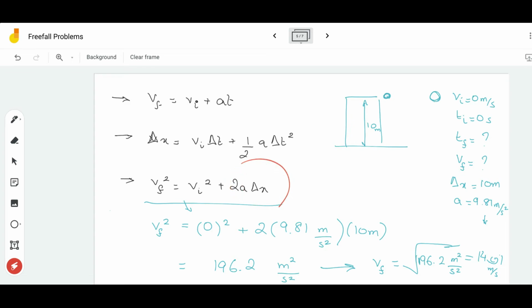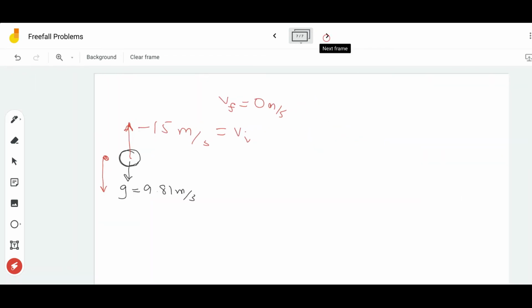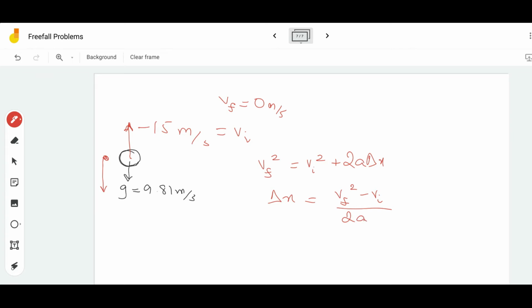What we don't know is what delta x is going to be. Coming back to this page, we are using the same equation, VF squared equals VI squared plus 2a delta x. I can rearrange this to write that (VF squared minus VI squared) over 2a equals delta x. Substituting in the values, we get 0 squared minus 15 squared over 2 times 9.81.